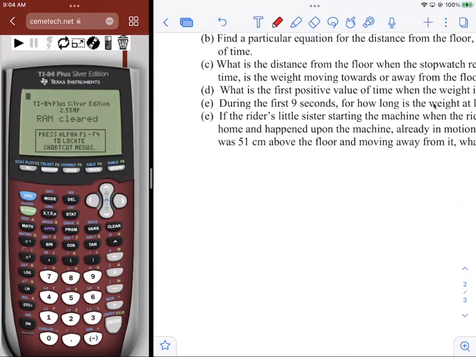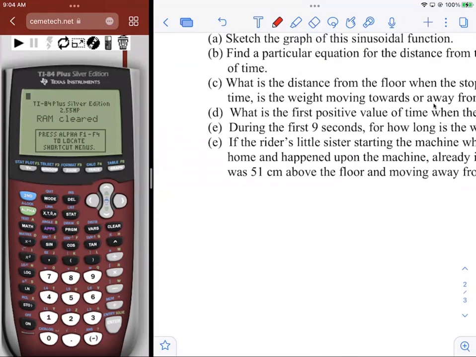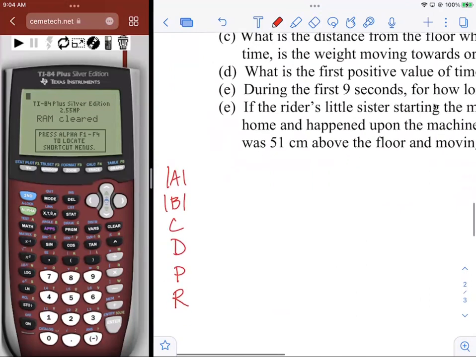Before we sketch our graph, we're going to need to collect our information. So just like we've always done, let's collect our A, B, C, D, P, and R. Since we already know the range is from 40 centimeters at a low to 60 centimeters at a high, we can figure out two things because of the symmetry.